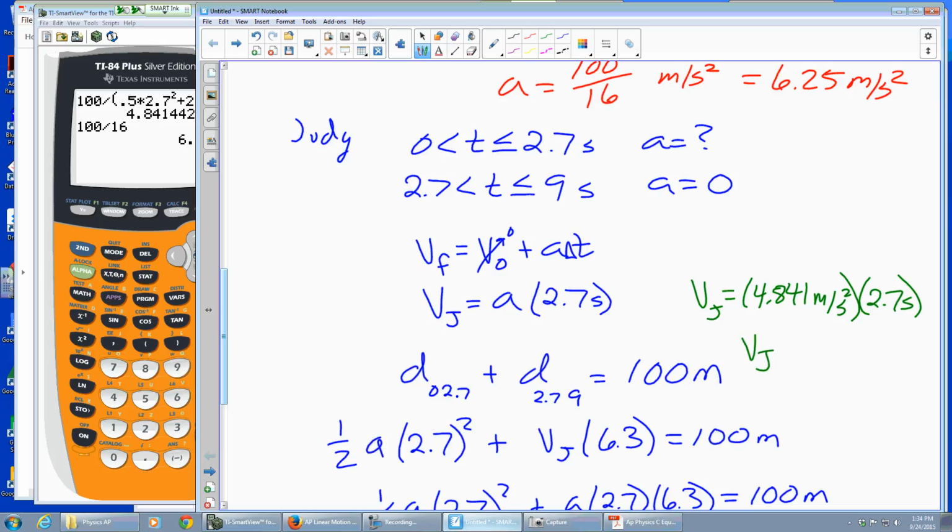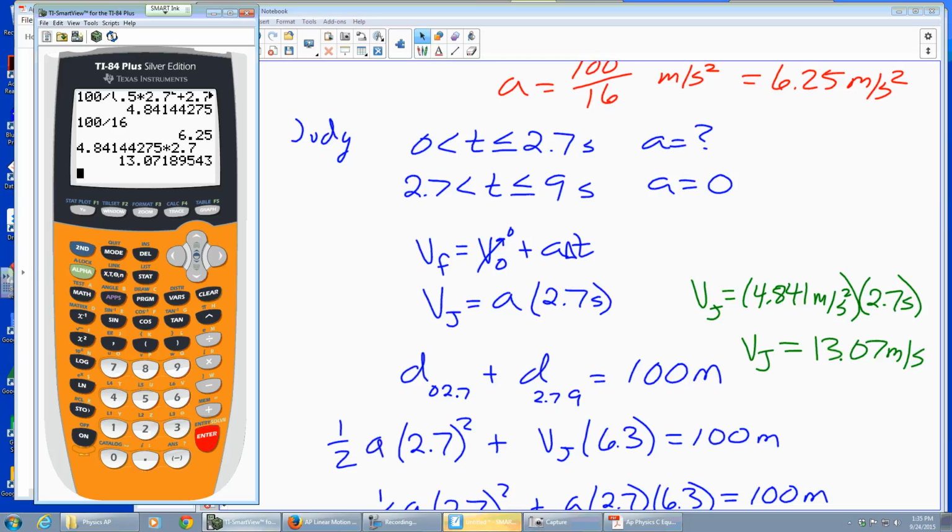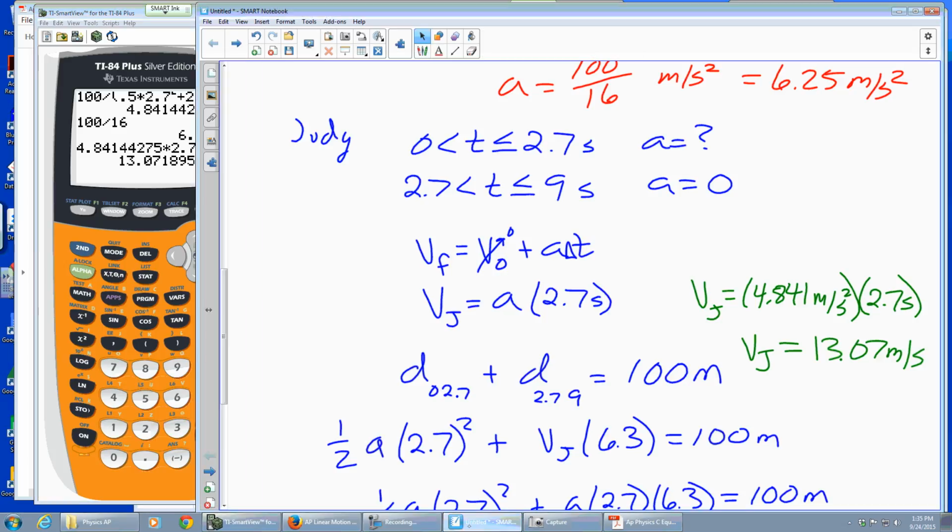And for Judy, I run these calculators times 2.7. She comes out to 13.07 meters per second. And good on that. Who needs more on this problem?